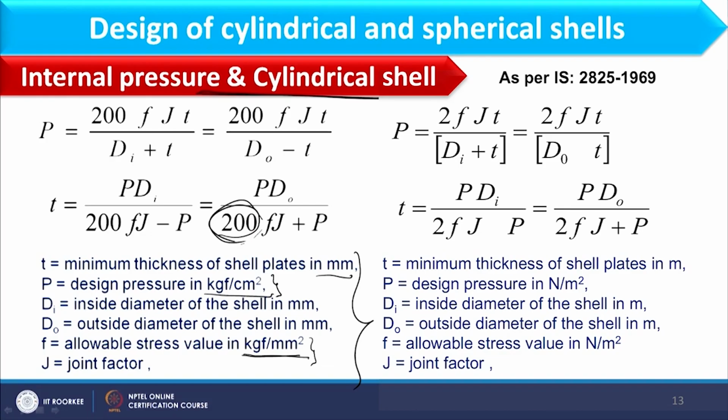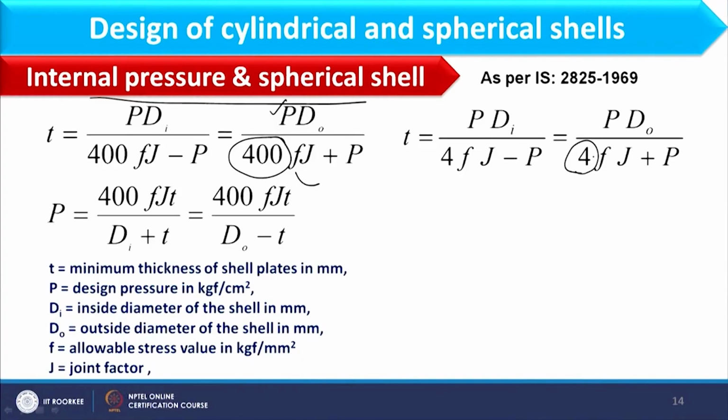So, due to this difference in units, we can have different expressions in the code as well as in books, and the difference is only in the factor: in the code 200 is available and in books 2 is available.